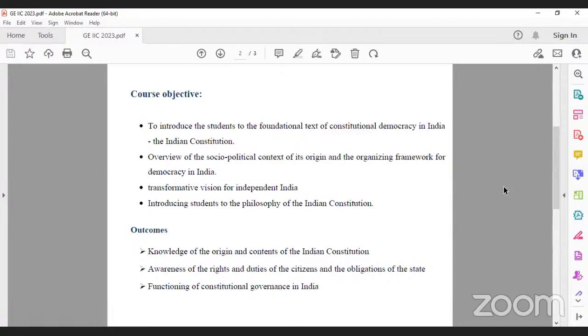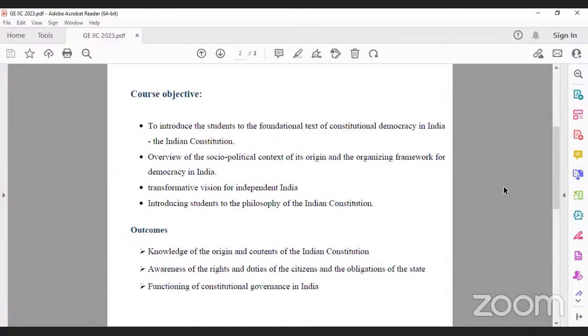The Indian Constitution, coming up with a unique, distinctive model, focused on a transformatory vision where the focus was not only to provide rights to the people, but also on how the state could play a transformatory role in the life of the people.